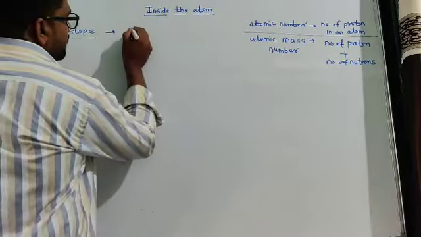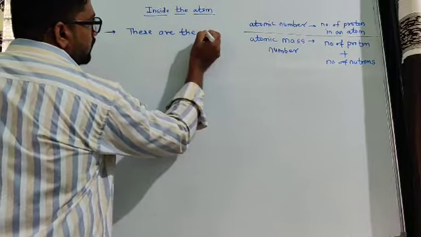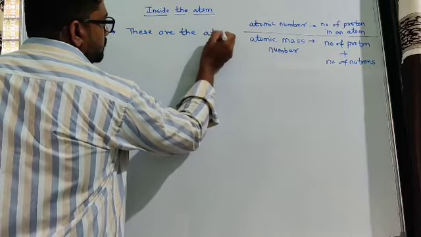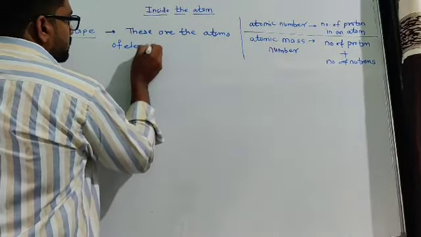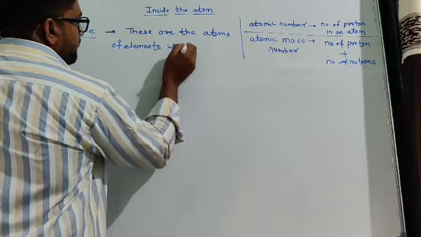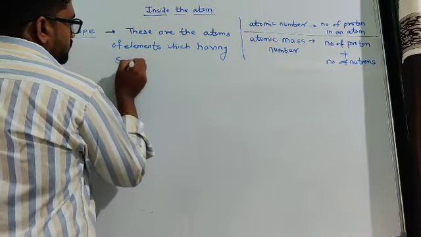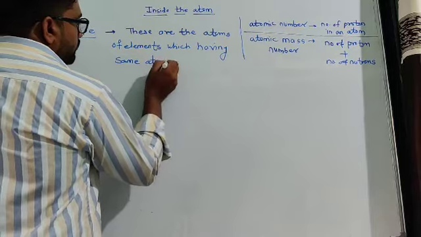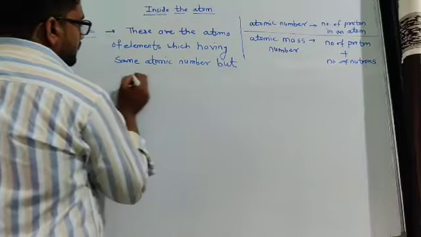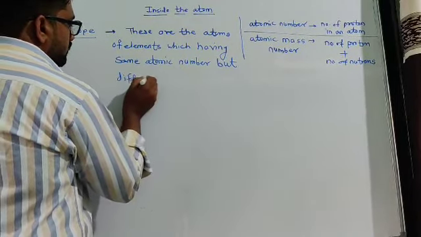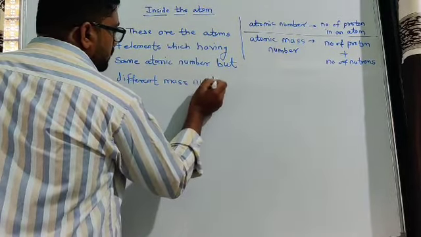These are atoms of elements which have the same atomic number but different mass number.